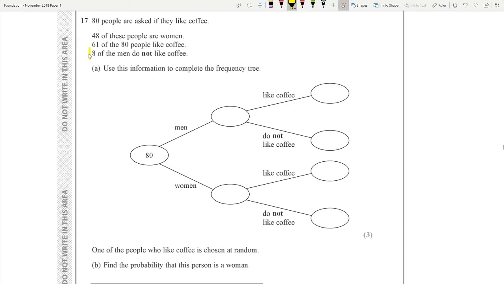It's the easiest one to put in. Follow the men do not like coffee branch here. So that's 8.